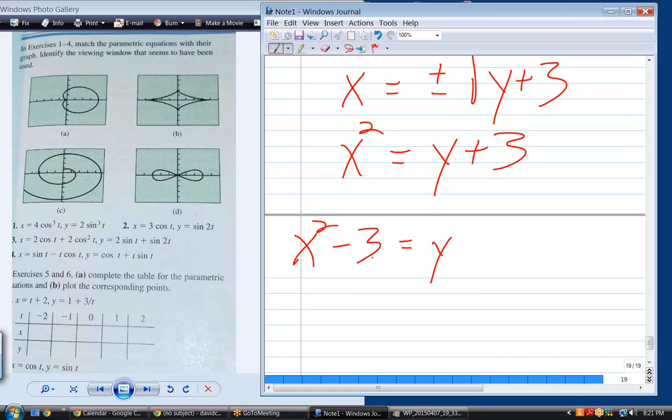The parabola shifted down by 3 units. Only I can't really say that it's this because I haven't restricted t, but it's going to look like this. It's only going to be part of that.